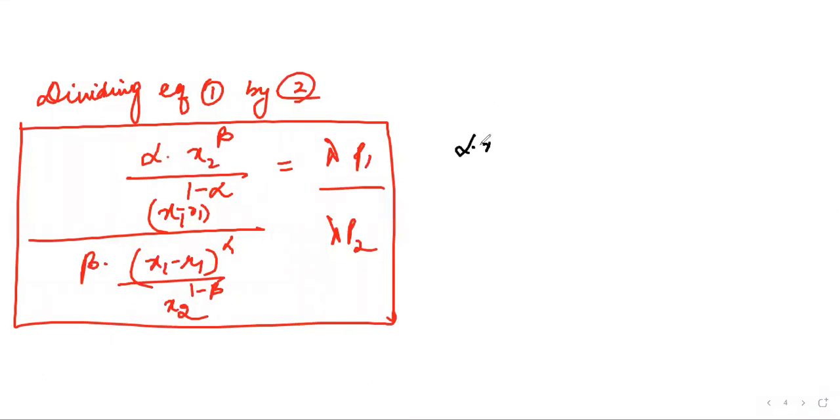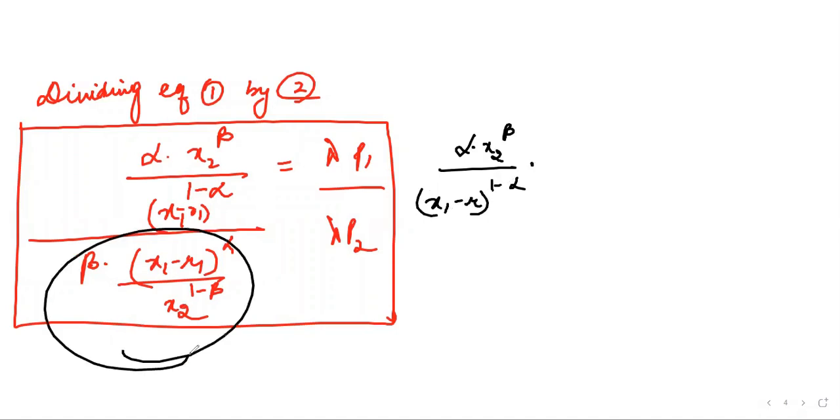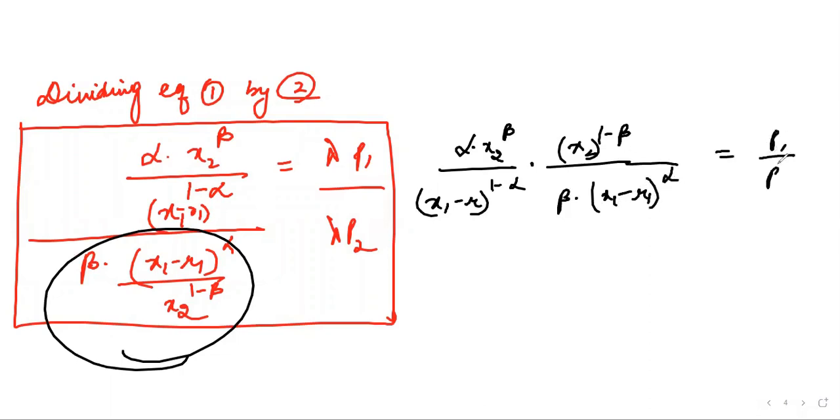So I get alpha x2 to the power beta upon (x1 minus r) to the power 1 minus alpha into, I will reciprocate this, so x2 to the power 1 minus beta upon beta into (x1 minus r1) to the power alpha, and this gives me p1 by p2. These first order conditions were derived in the last video. Please refer to that and the last to last video from where we had started forming the Lagrange.